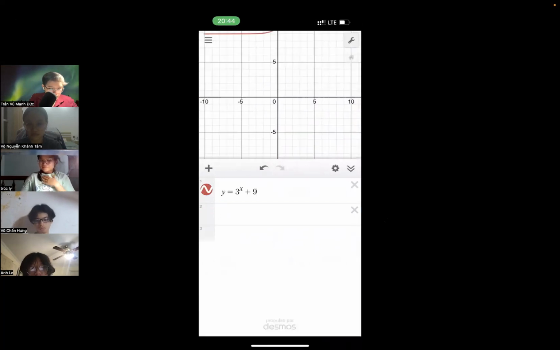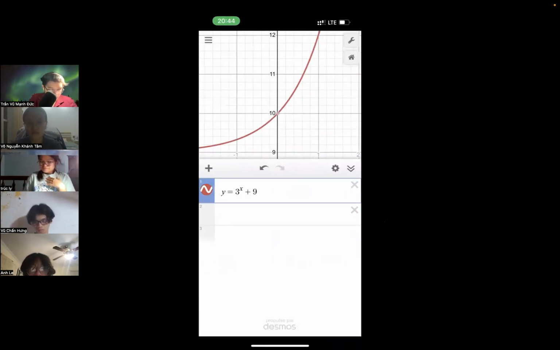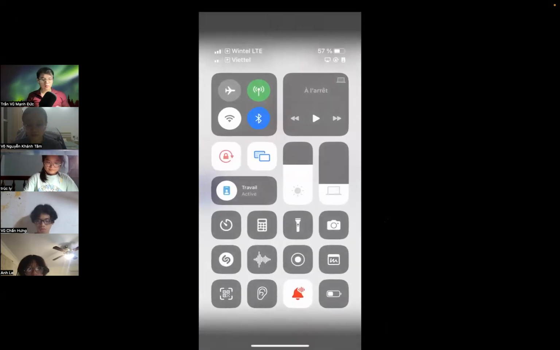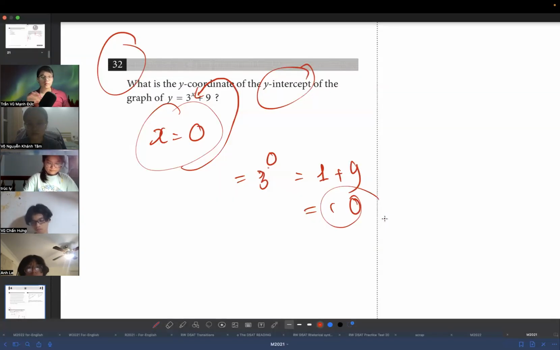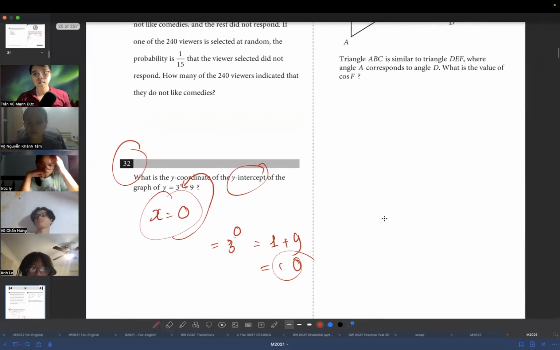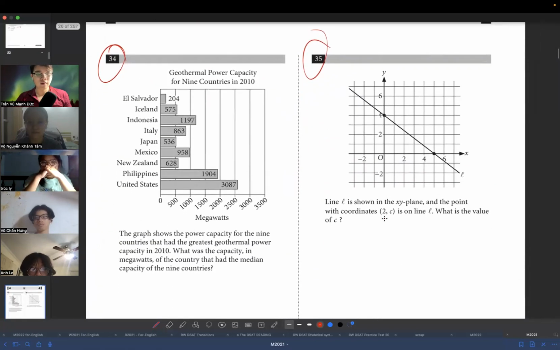And you have this equation. This is the y-intercept. Y-intercept is 0, 10. So it's 10. You can see it's also pretty simple, but it takes a bit more time compared to doing it by hand. So it's 10, right? Is it difficult? Not really.